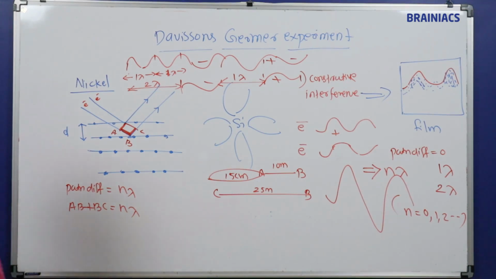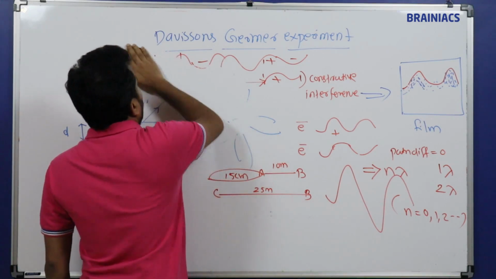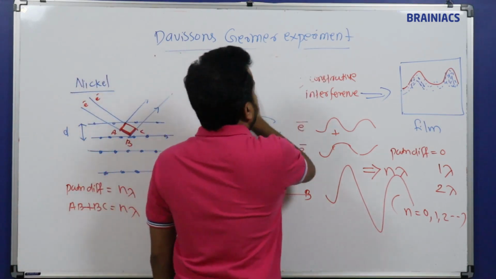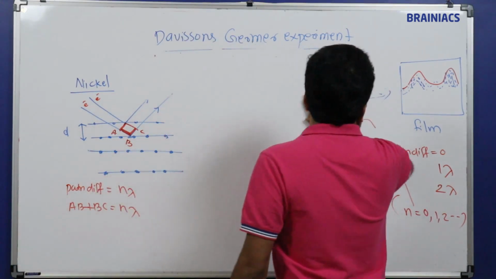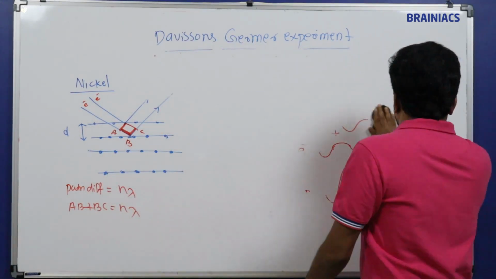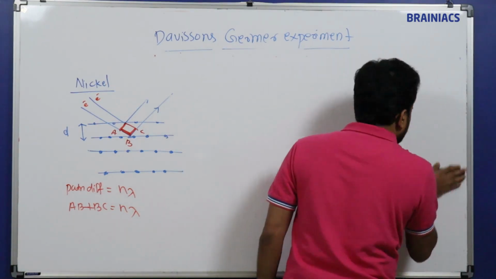Destructive interference is a different case, which I will tell you a bit later. While you are learning about wave optics, you will understand that, but now we will only focus on constructive interference. Of course, there should be both constructive interference and destructive interference.